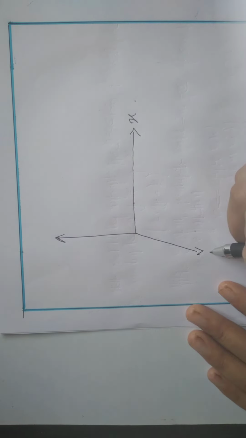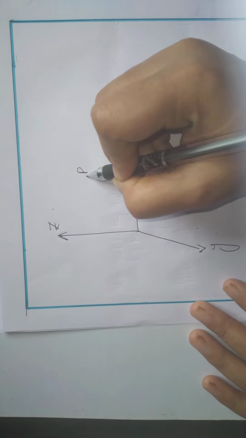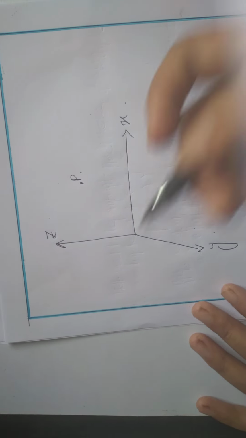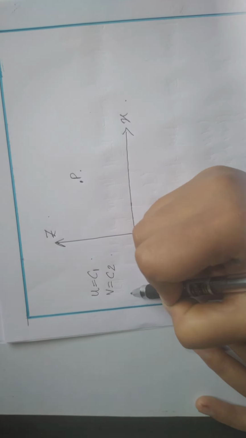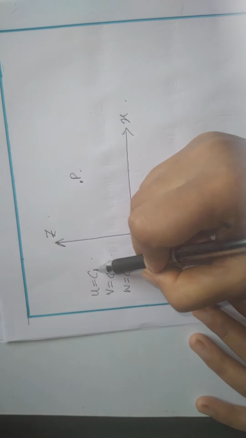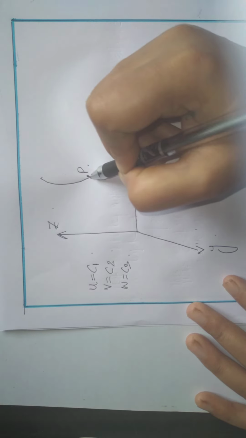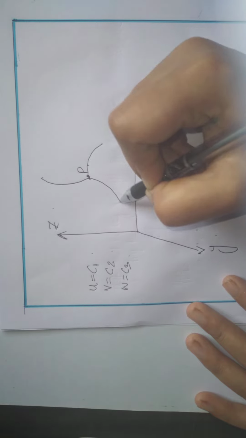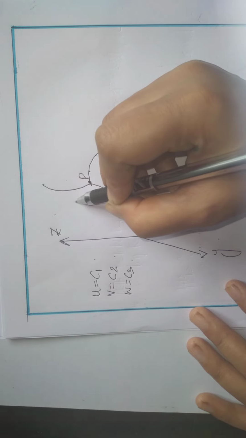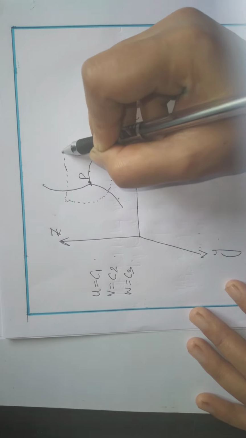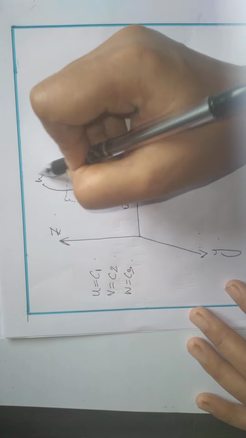This one is x, y, and z, and we take a point P. Let us take the coordinate surfaces u equals c1, v equals c2, and w equals c3, where c1, c2, and c3 are constants. So at point P, now we have to make these curves. This one is u, v, and w.